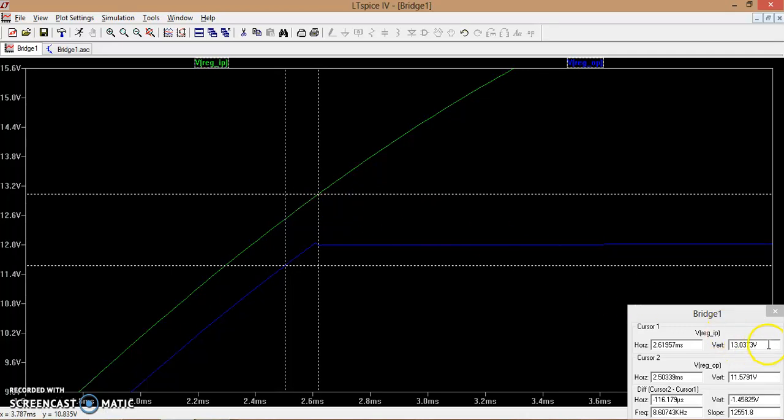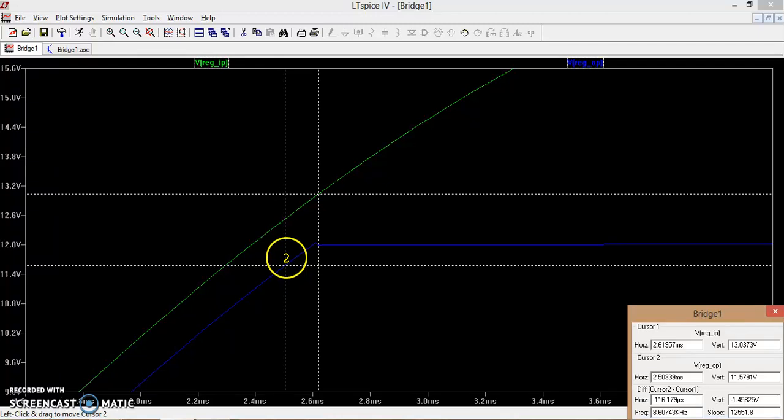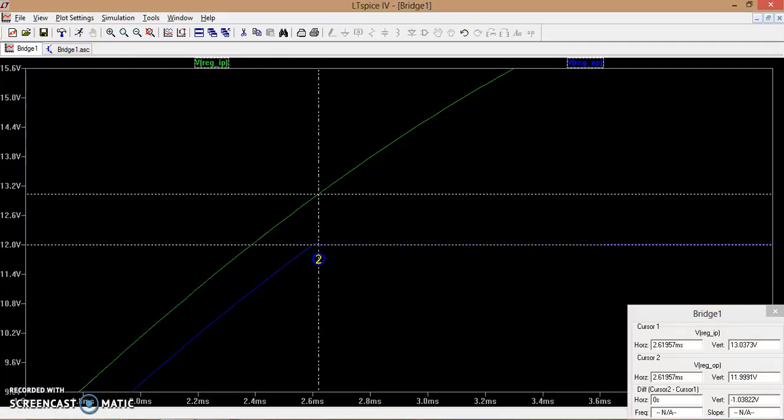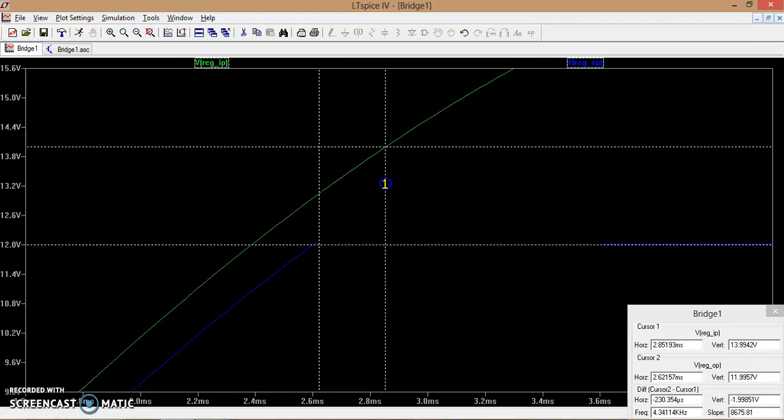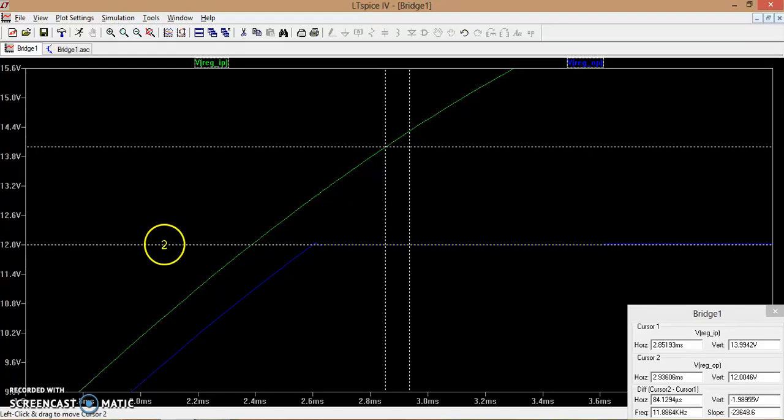The corresponding input voltage is 13.03. So if the input is more than 13, we will get an output voltage of 12 volts. Now I can see the corresponding output voltage is 12 and the input is 13.7. So that is 11.95. If the input voltage is anything more than 13 point something, the output voltage is constant at 12. Meaning the minimum input voltage required at the input of your regulator for this IC is 13 volts.